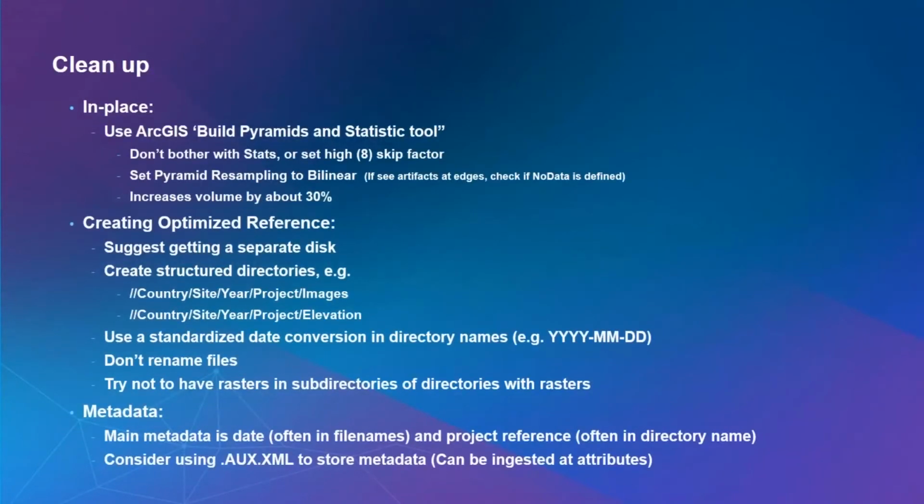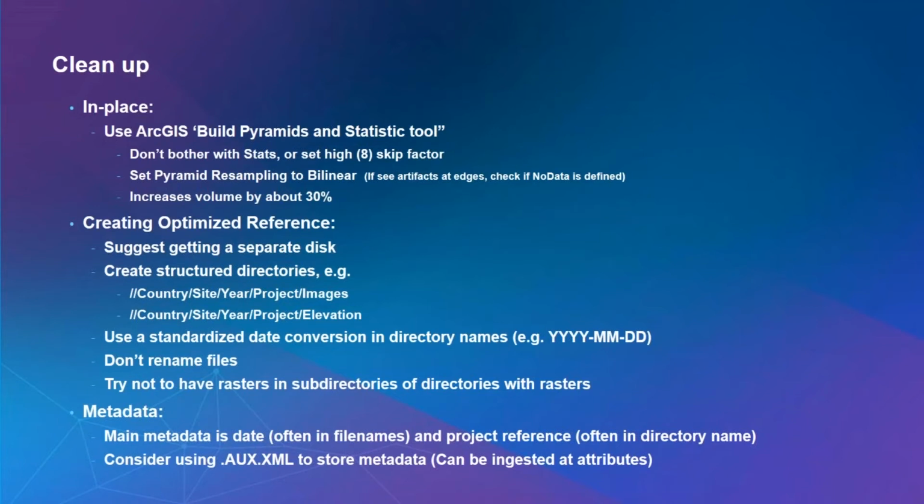To clean it up, there are various things that you want to do. One, if you're going to leave the data in place, is to use the ArcGIS Build Pyramids and Statistics tool. That can be run very quickly, and it will just generate the pyramids. Pyramids are important to create for the data. Don't worry about statistics.